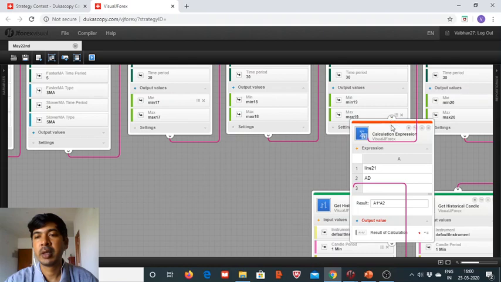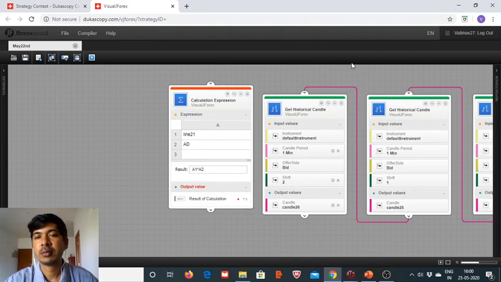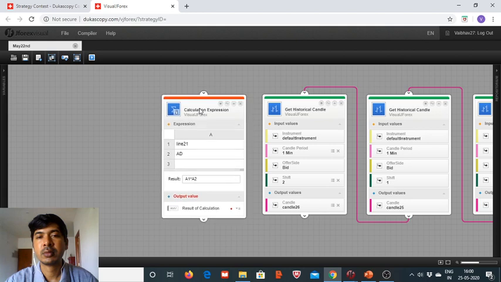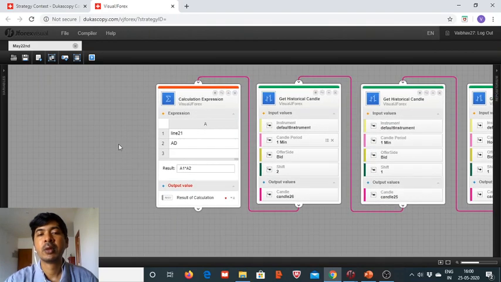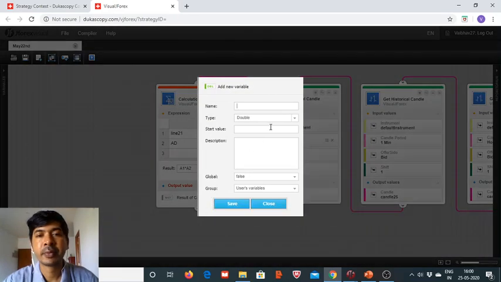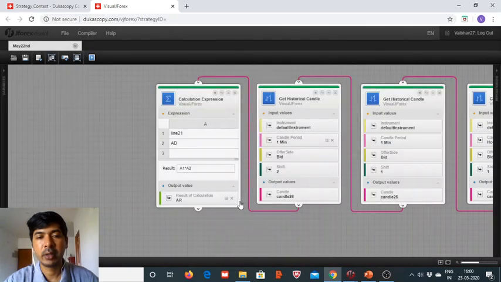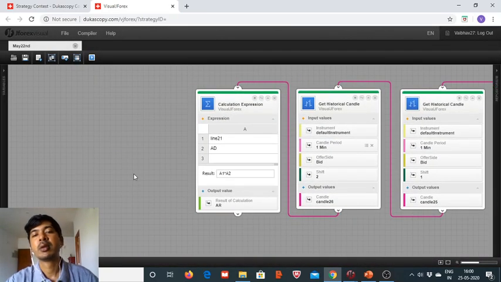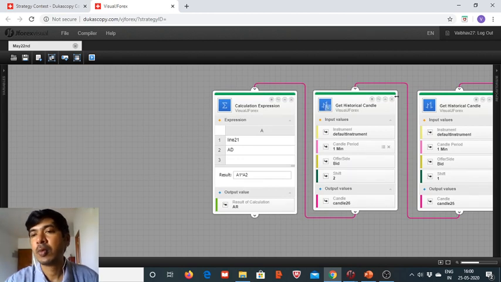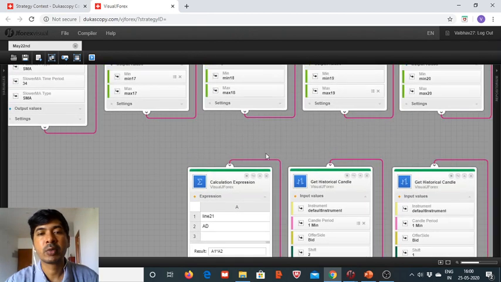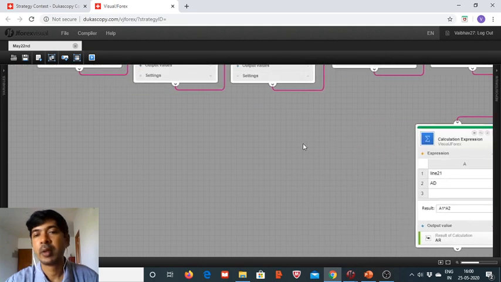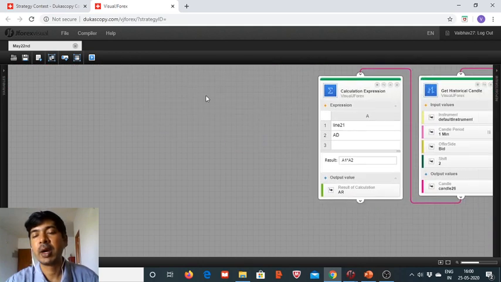So here we get ATR range AR, and it will be 10%. Now we will leave some space open for adding the blocks as and when required.